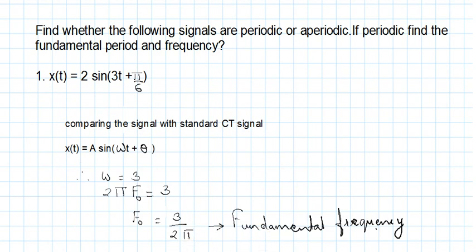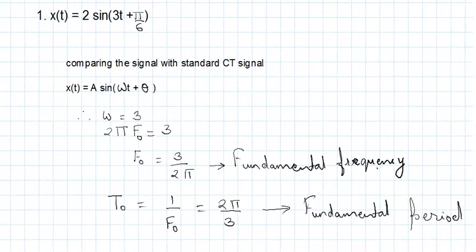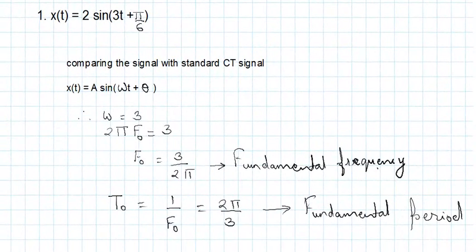Once we get f naught, we can calculate t naught of the signal. t naught is simply the inverse of f naught. So if we invert f naught, we get the fundamental period of the signal. t naught is nothing but 1 by f naught, which is 2 pi by 3. So 2 pi by 3 indicates the fundamental period.